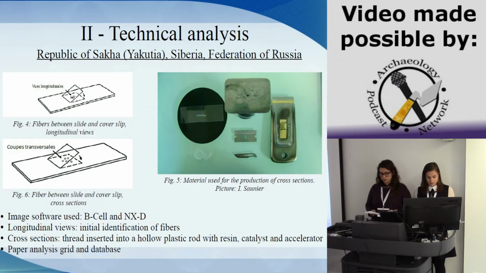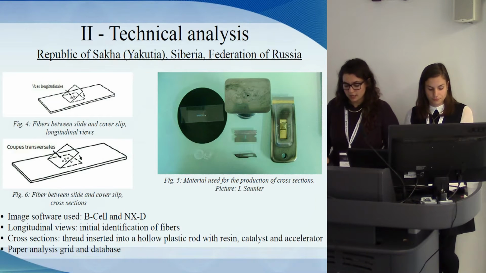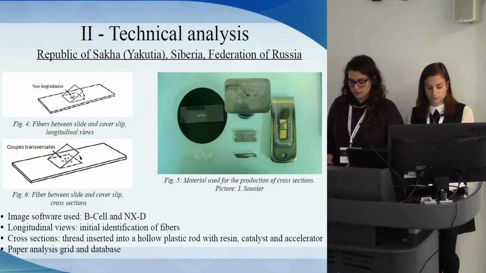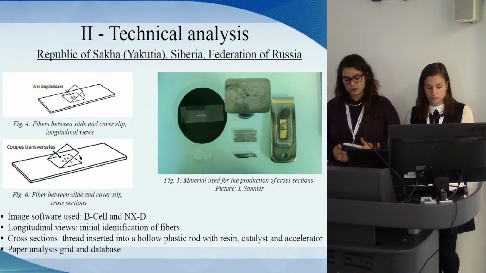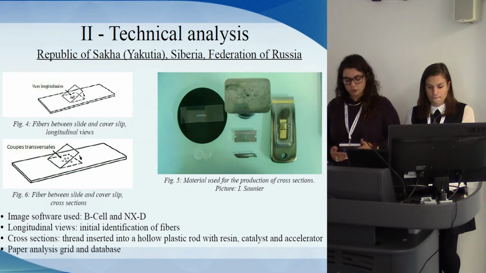The latter is used to produce cuts of very small thickness, a few microns, for observing microscopic sections of the fibers. From these different stages of observations applied to samples from the Yakut clothes, data were first recorded on paper grid, and a database was designed to present the most information: photographs, measurements, sketches, dimensions.